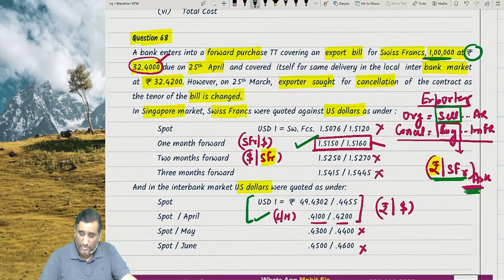You have to be very comfortable about it. Ask rate, that means I will be using, depending on circumstances, whatever comes as the ask rate. Numerator should be rupee and denominator should be Swiss franc.